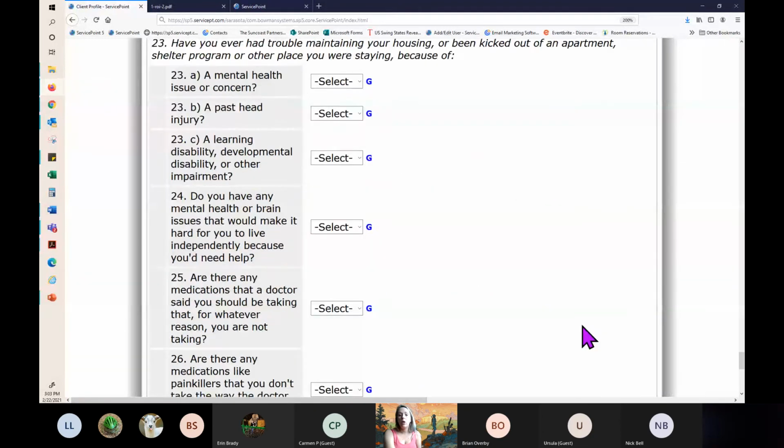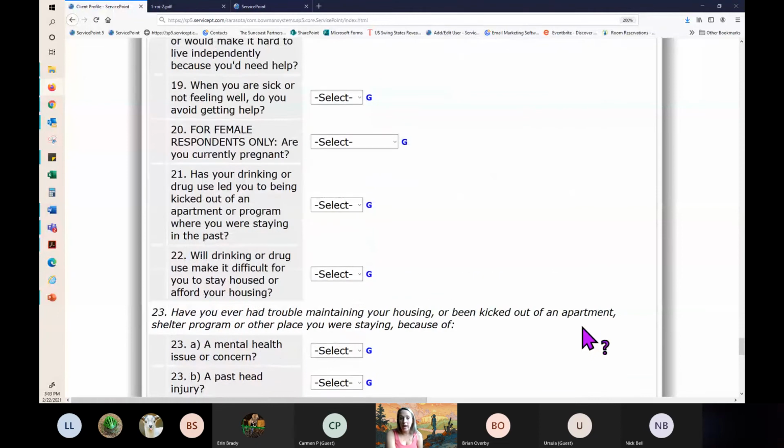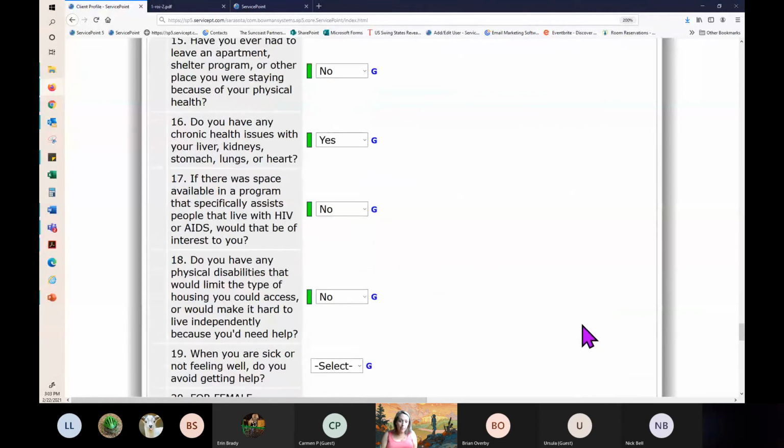Okay. Brandon is in a wheelchair, and that will limit the type of housing that he can access. But something like that would be better approached during rapid rehousing, when we're trying to identify those housing resources.